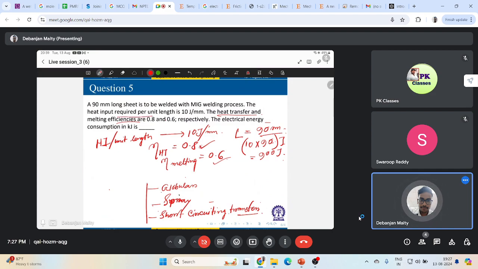So my heat input required per unit length is 10 joule per mm.